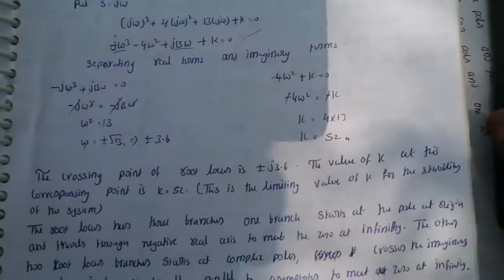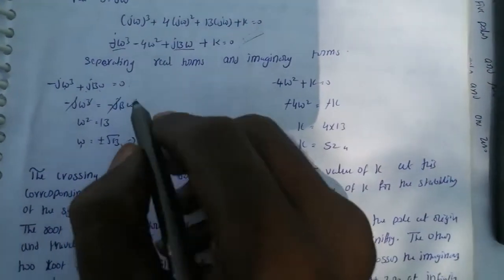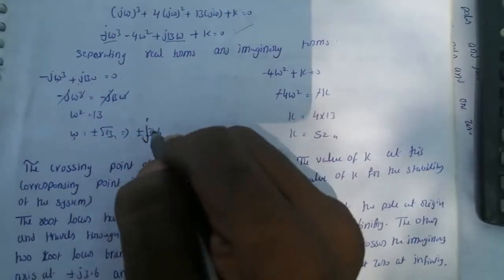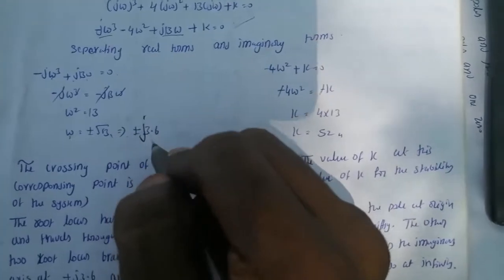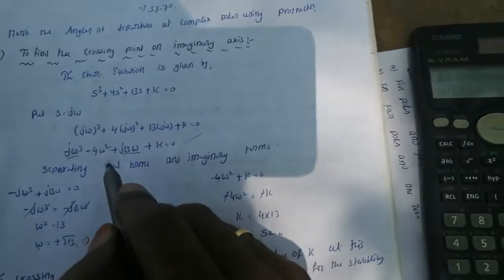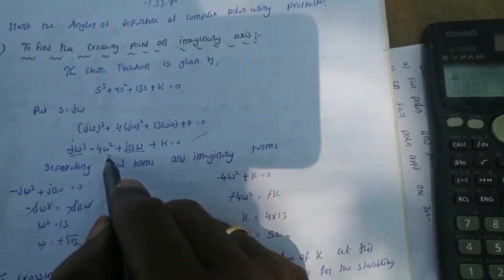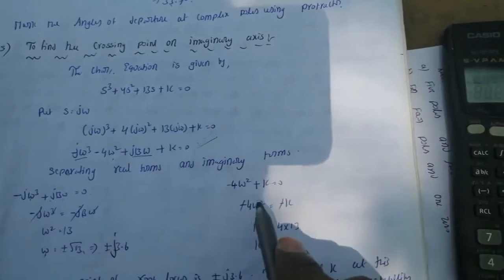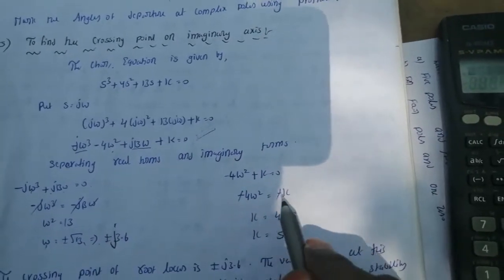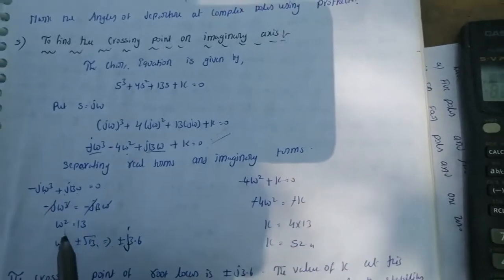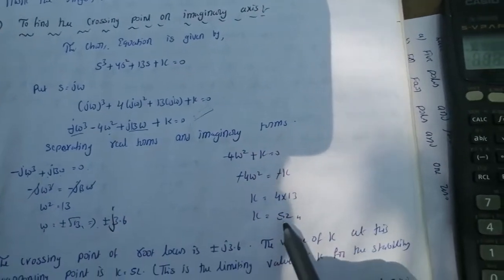So plus or minus 3.6, and since it is crossing on the imaginary axis, we represent it as plus or minus j. Now consider the real parts, that is minus 4 omega square plus k equals 0. After simplification, k equals 4 omega square. We already know the omega square value, that is 13. So k equals 52.